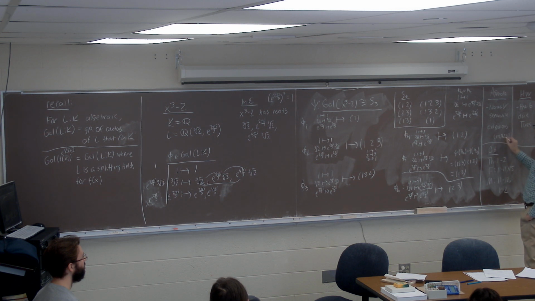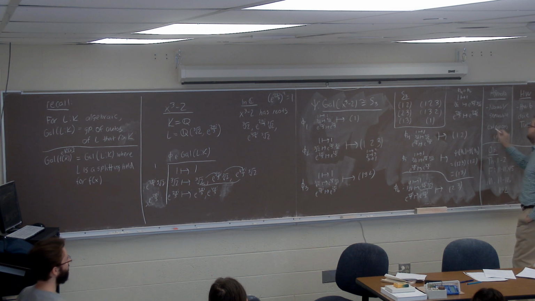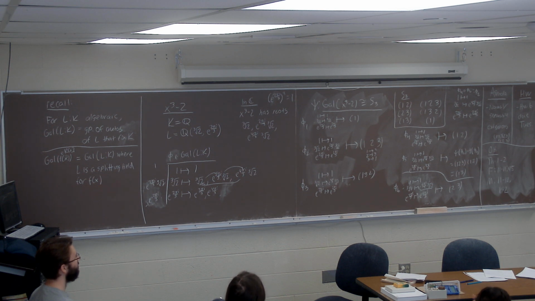That maps 1 to 2, so that gives us the 2-cycle. It should give us 1, 2, 3. Then why don't we have 1, 2, 3? Read the second line. Oh, we have a 4. We should have gotten 1, 3, 2.